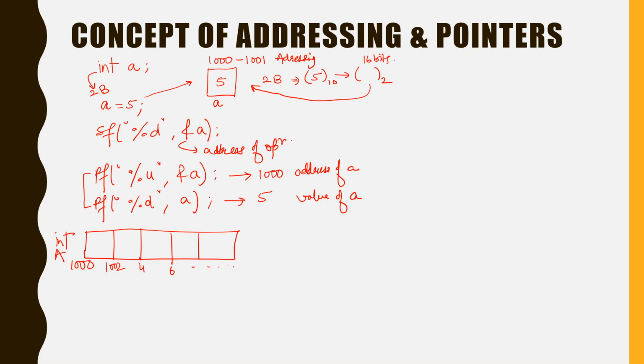Now there comes a new and important concept in C programming: pointers. Pointers are variables. What we have seen till now is that variables store values, and pointers are also variables.